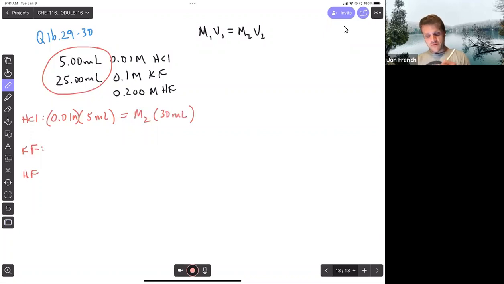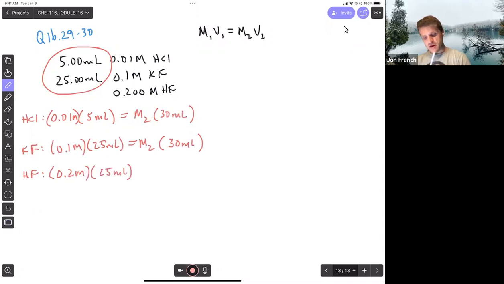For potassium fluoride, 0.1 molar, and I have 25 milliliters. I want to find my concentration when I mix the two together, and I'm up to 30 milliliters. And with the HF, I've got 0.2 molar, 25 milliliters of that, and I'm looking for the concentration at 30 milliliters.